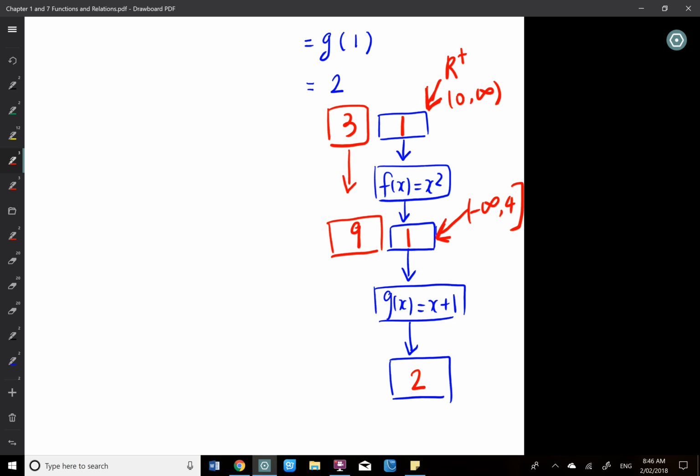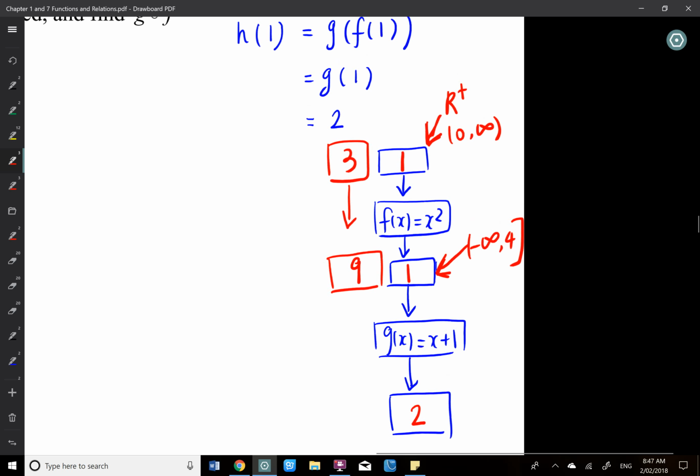No, I can't keep going. Even though the number 3 can fit into the first function, it can't keep going for the second one, because 9 is out of the domain. It's greater than 4. So 3 is a wrong number to put into the function h(x).